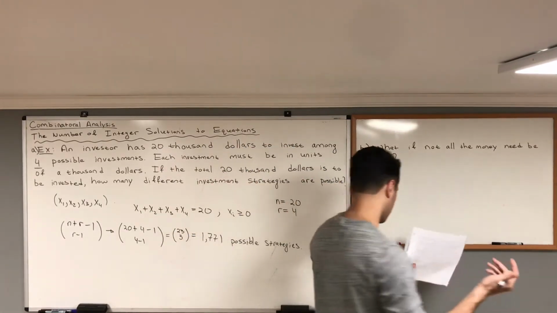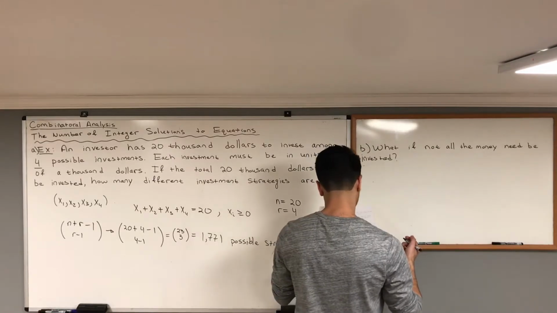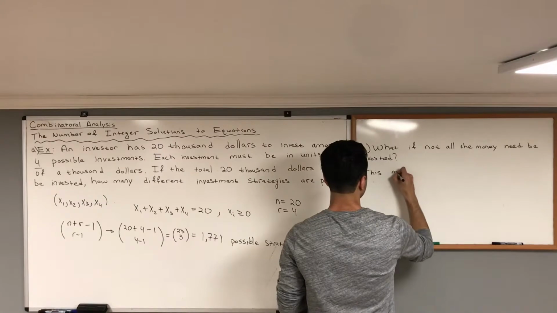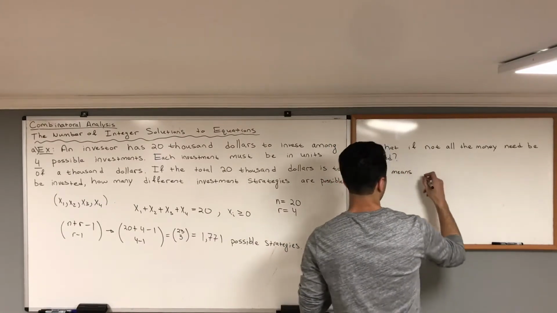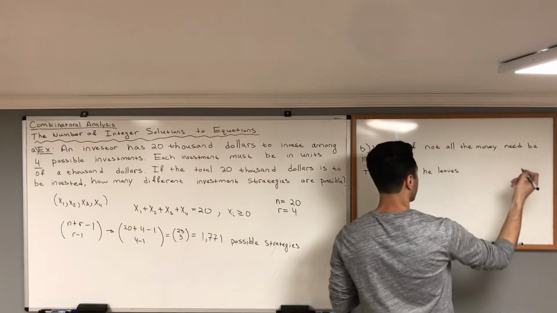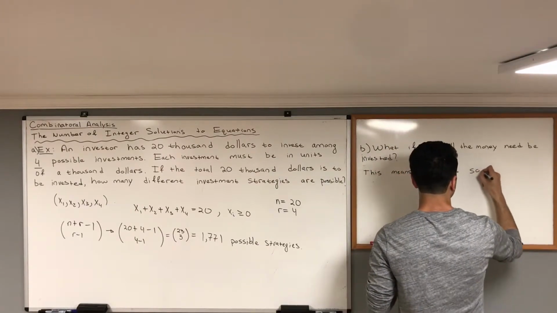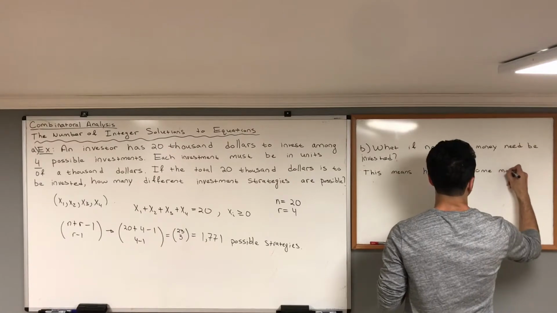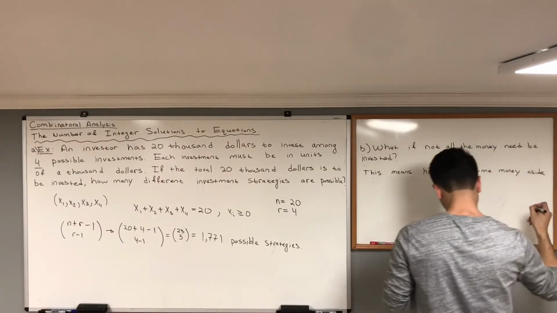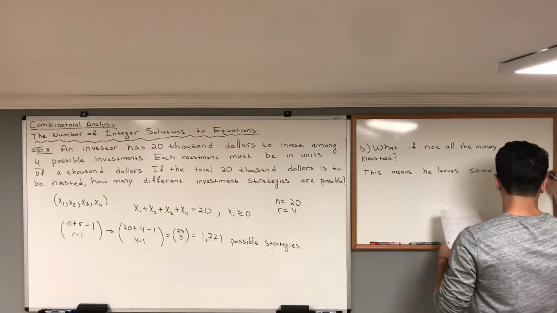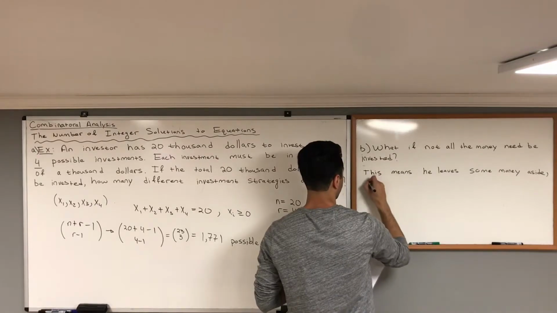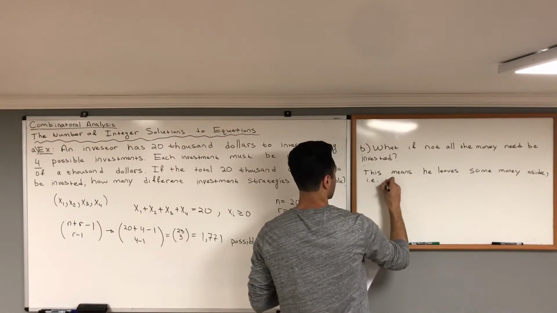So for example, this means he leaves some money aside from the 20,000. Let's say he leaves it in a safe, i.e. in his safe.